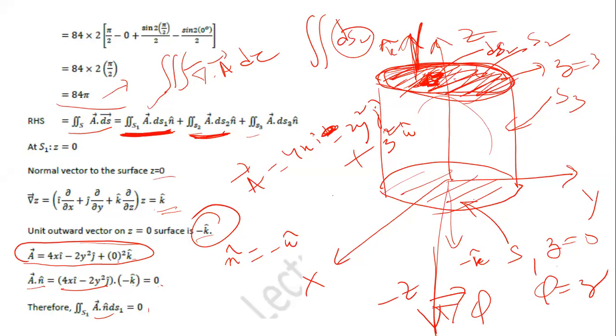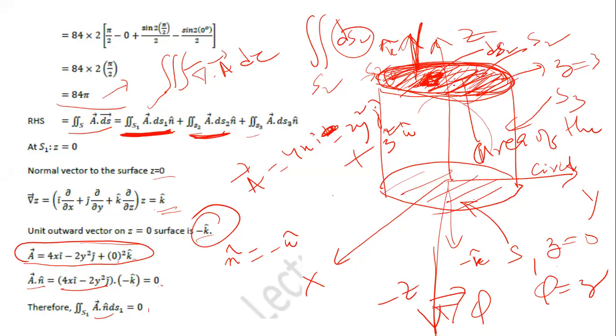So ds2 is a small area element. If you are going to perform the integration over this surface S2, the circular surface, that means you are summing this area element over the circular surface. Finally what you're going to have is the area of the circle.